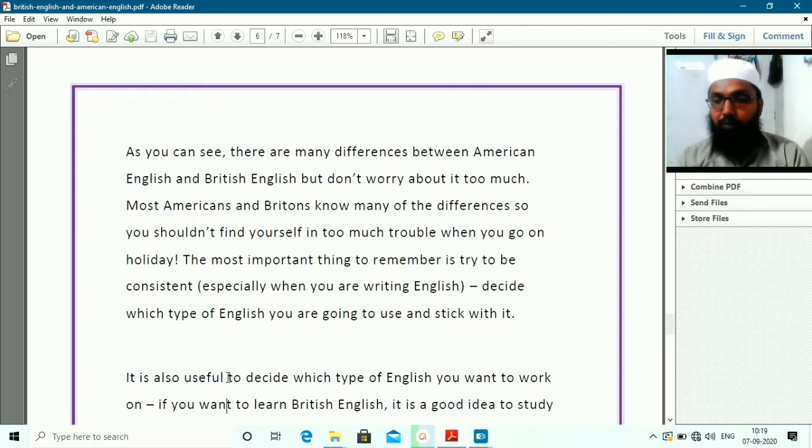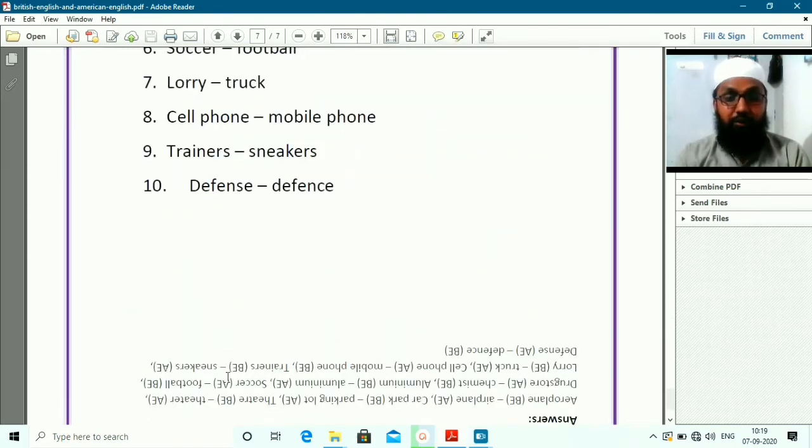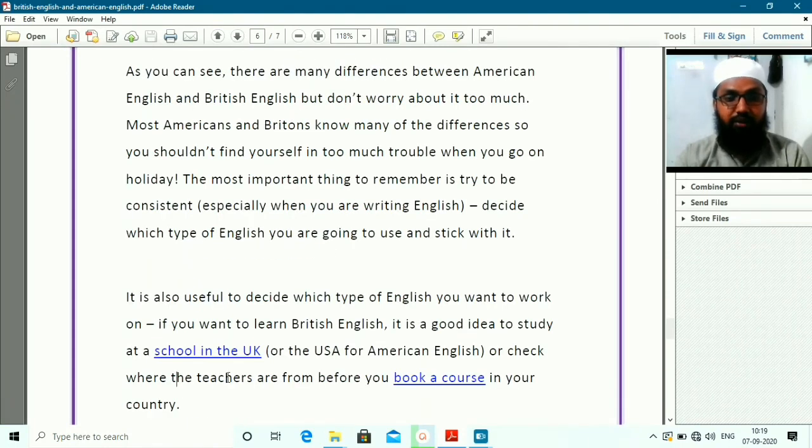The most important thing is to remember, try to be consistent, especially when you are writing English. Decide which type of English you are going to use and stick with it. So remember one thing, whenever you are going to write something, when you are drafting something, at the time you have to realize what you are writing, which words you are using.